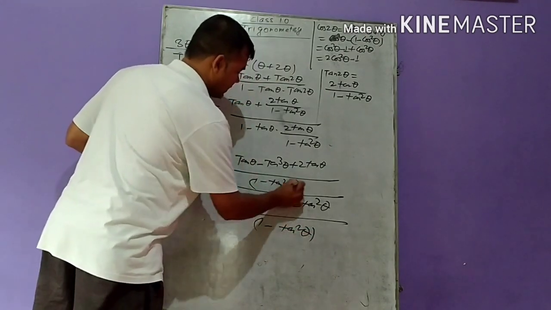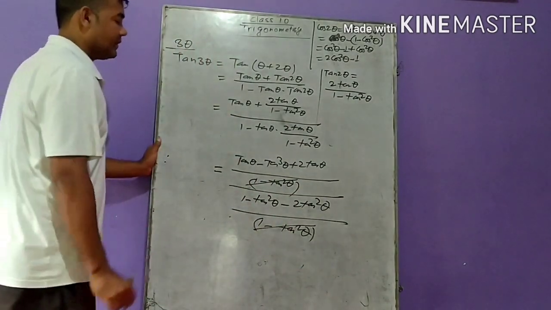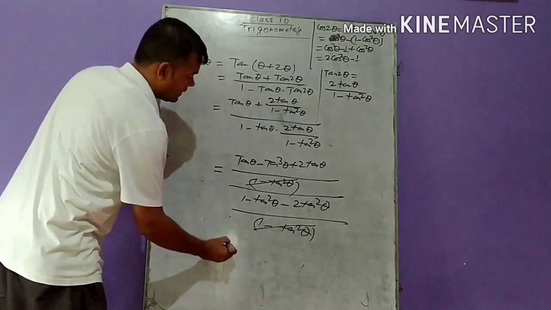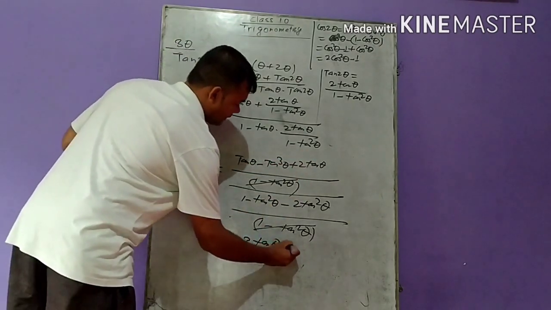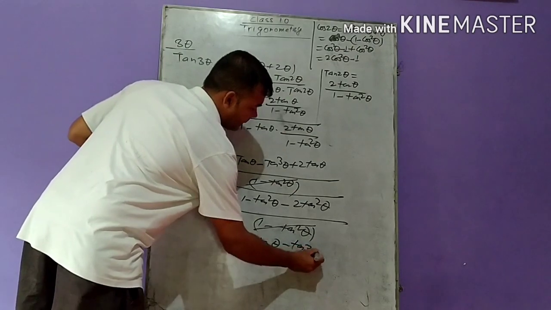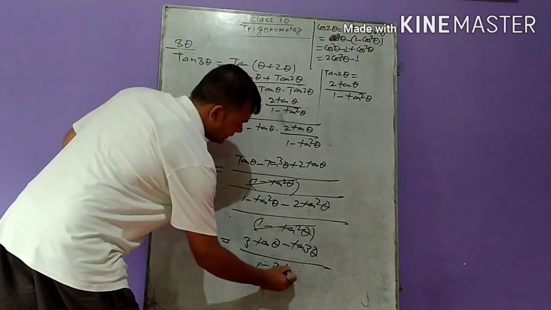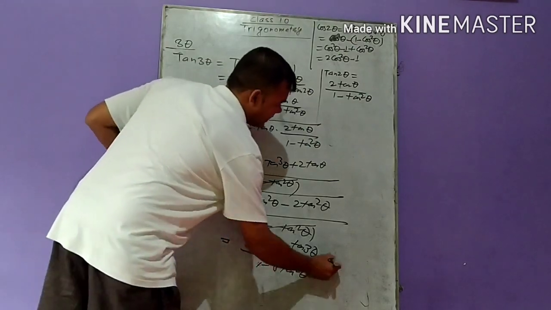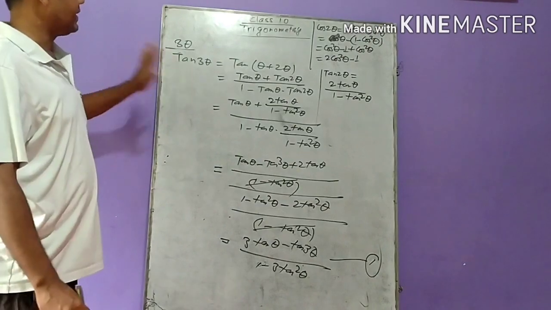And we see that this term and this term are same, so we can cancel them. We now get tan theta plus 2 tan theta means 3 tan theta minus tan cube theta by 1 minus 3 tan square theta. This is our identity for tan 3 theta.